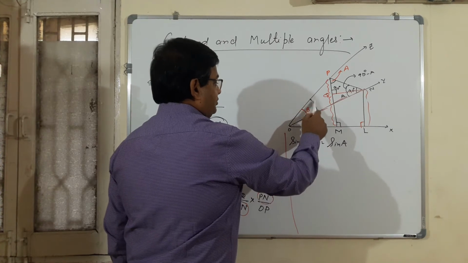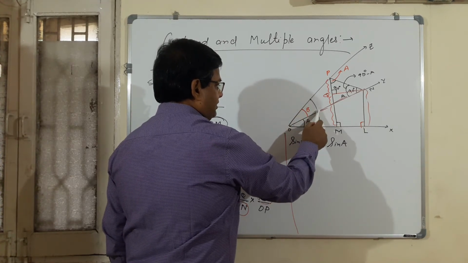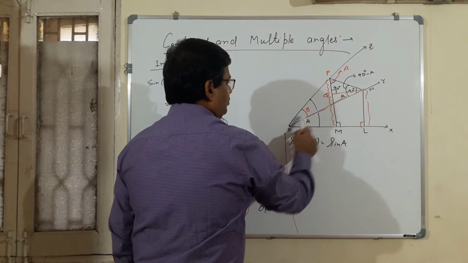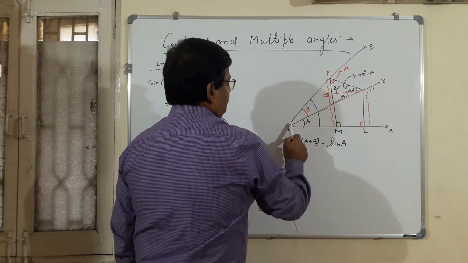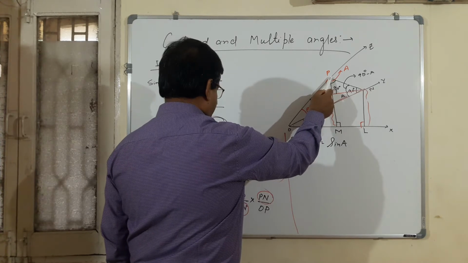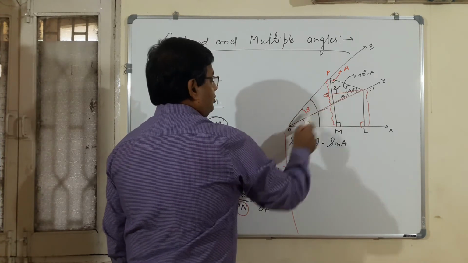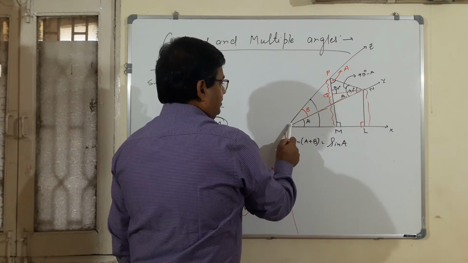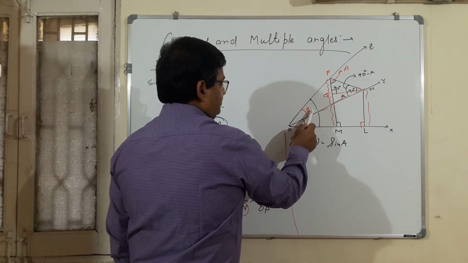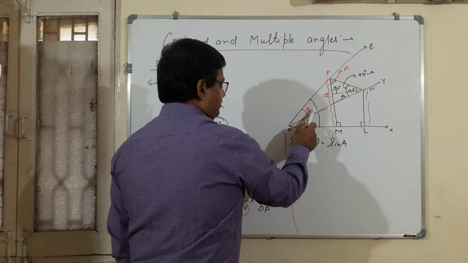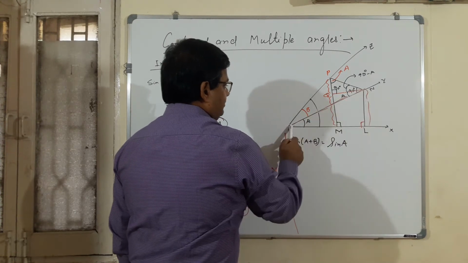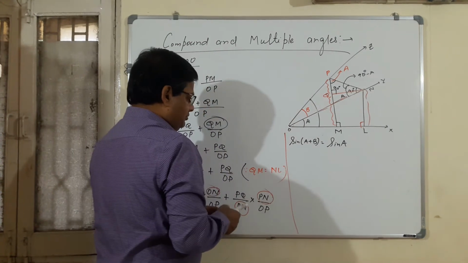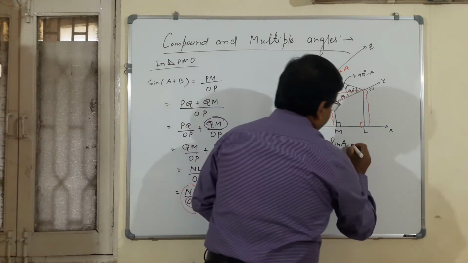So for this angle B, PN is the perpendicular, ON is the base and OP is the hypotenuse. So ON divided by OP is equal to cos B. We know that cos is defined as base over hypotenuse. So this one is equal to cos B.